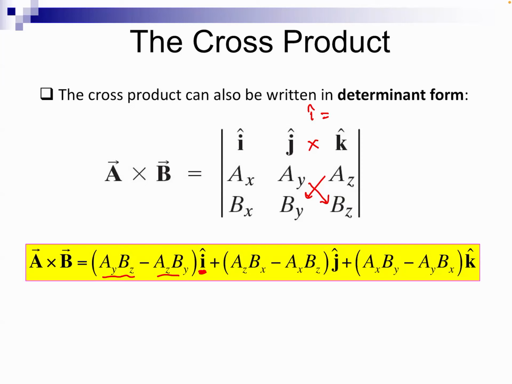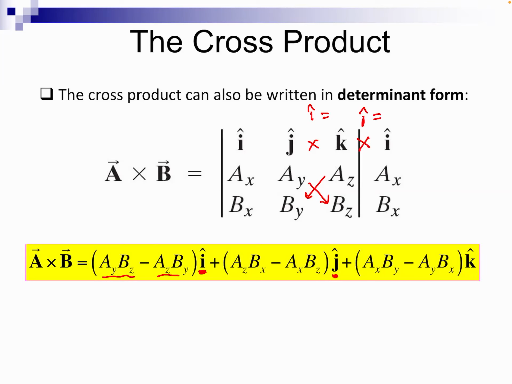If you want to get the j hat component, it has to be a cross product between the i hat and the k hat vector. So it will be useful to propagate your matrix and write your i hat column here. The cross product between k hat and i hat will give you the j hat component.